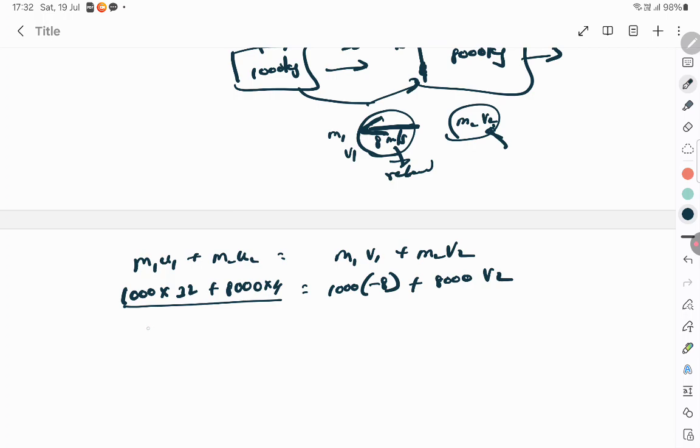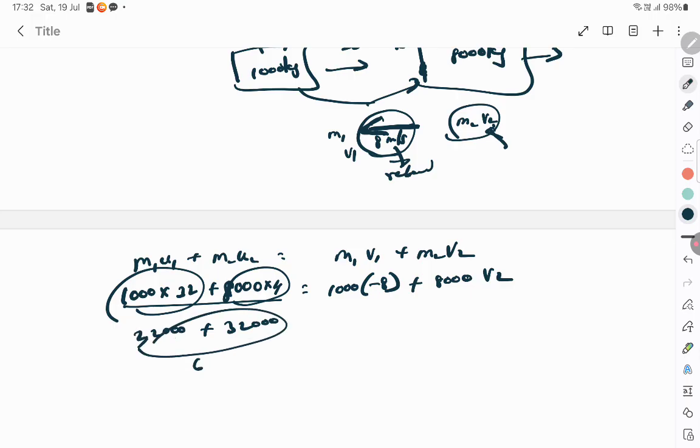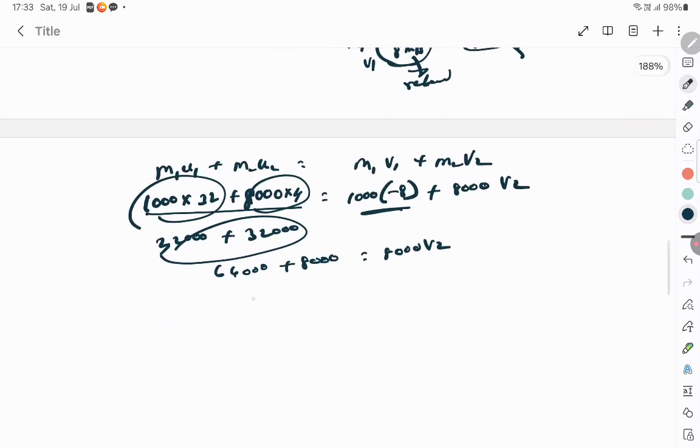When you solve this, 8 4s are 32,000 plus 8 4s are 32 and this is also 32,000, which totally works out to 64,000. This minus 8,000 comes to this side as plus 8,000, equal to 8,000 V2. Adding these two, you get 72,000 is equal to 8,000 into V2.